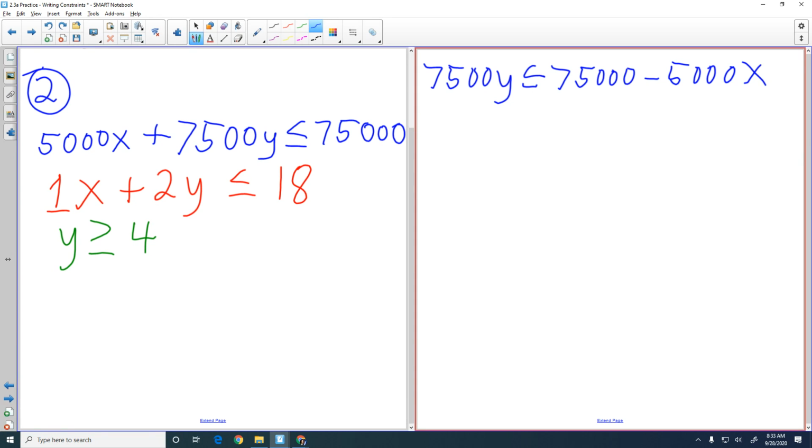If you'd like to grab out a calculator, by all means, you may do so. So then y is less than or equal to, this first one is easy. That's just going to be a 10 minus, and then 5,000 over 7,500 is going to give us a fraction. That'll simplify to 2/3 x. Doesn't that look a lot nicer to graph? 10 minus 2/3 x.